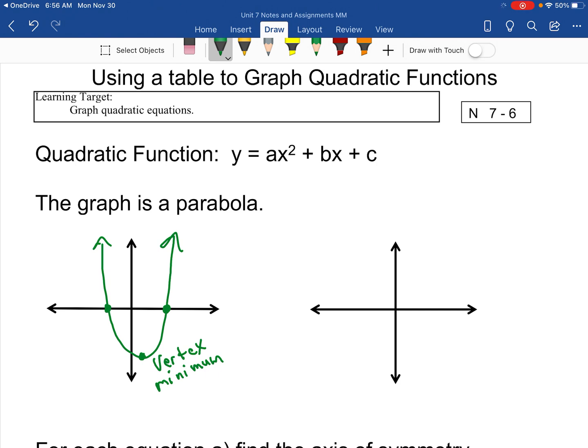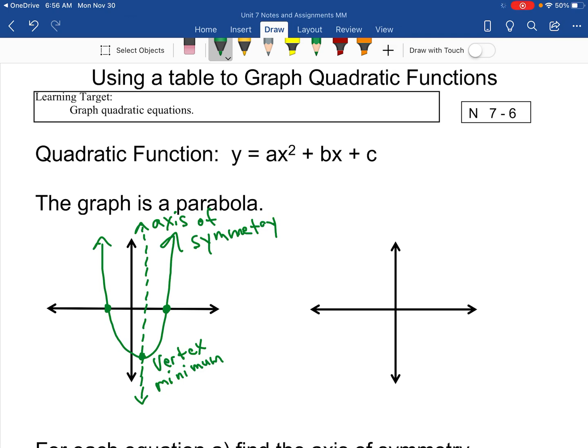Then it also has a vertical line that cuts the parabola in half, and this is called the axis of symmetry. Axis is just another name for a line, and symmetry means that it cuts it in half.